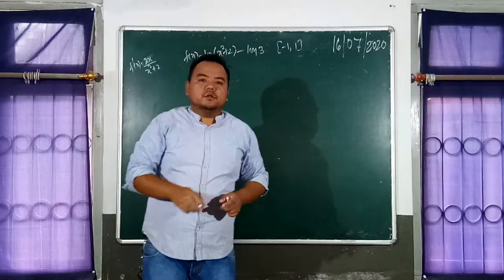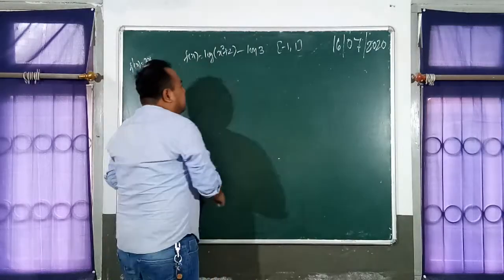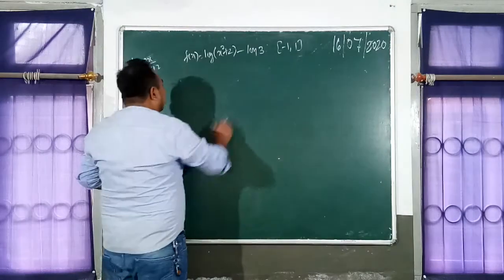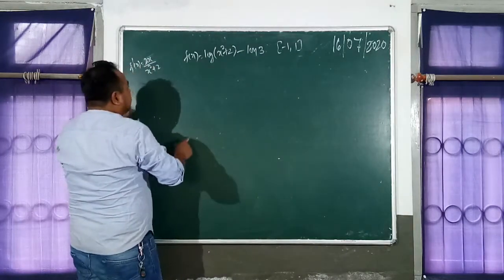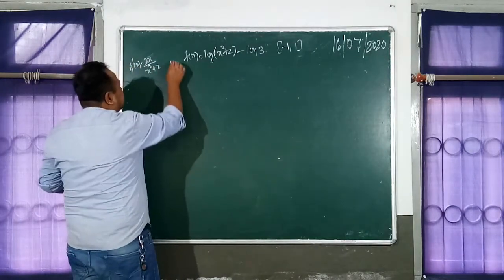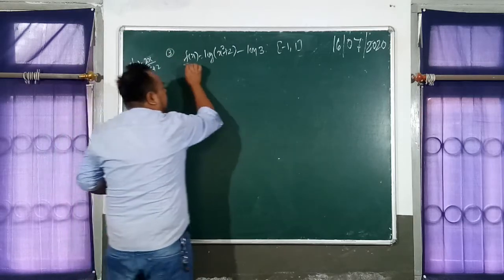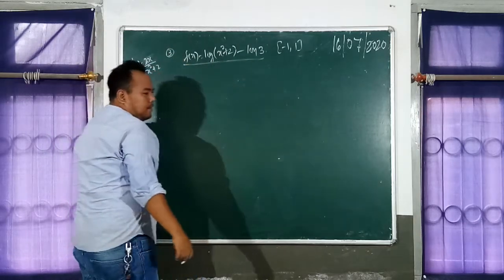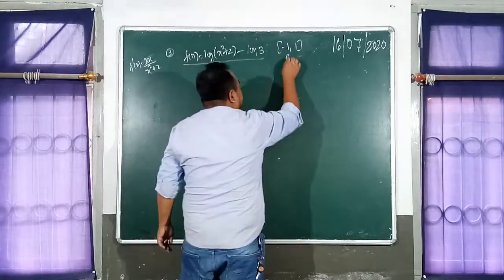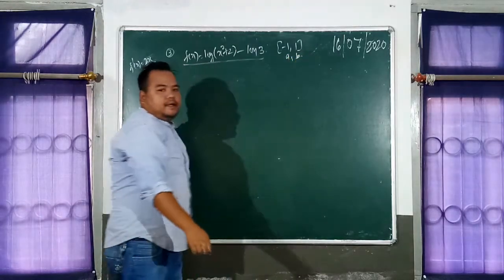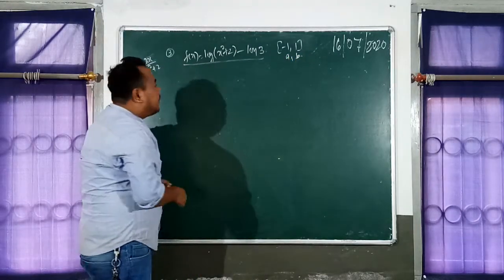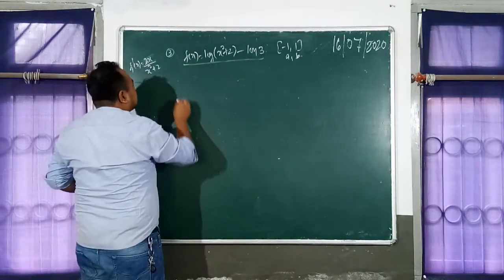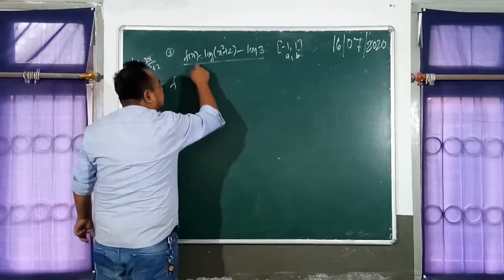Now moving on, the third step. What you need to do is you have to put the value of x, that is a and b, in the function. So let me put the value of x as a.